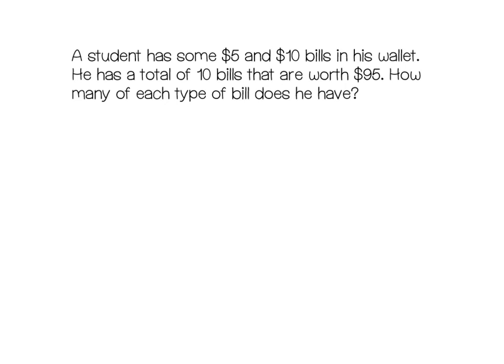Once you read this one more time, so we have 2 types of bills. We have 5s and 10s, and then they're worth $95. So I'm going to use F for 5, T for 10, and I'm going to write an equation that has all the money together. So I have $5 bills, I have some $10 bills, and the total amount of money for those bills is $95.